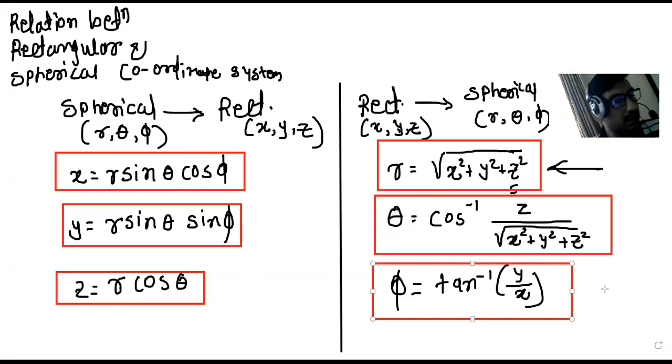I hope you understand the relations. Tomorrow we will solve some examples based on this concept. As far as the first unit is concerned, it's almost done, so most probably in the next lecture we will start with the second chapter, that is electrostatic field.